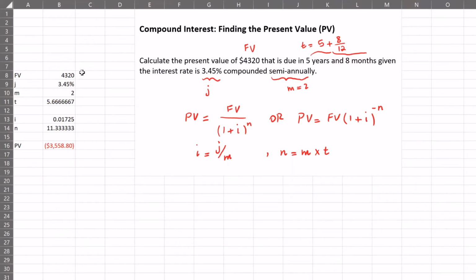All you need to do is input the given values for that particular problem, and i, n, and PV will be calculated automatically in Excel.